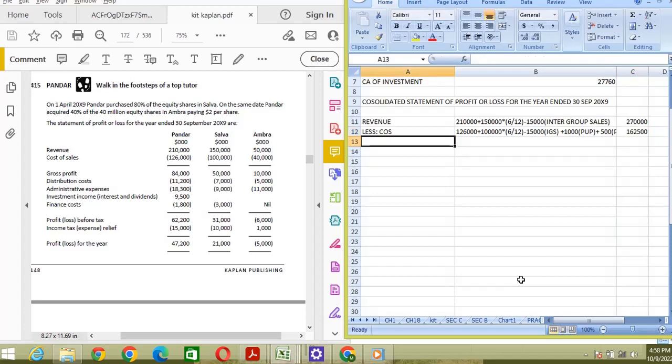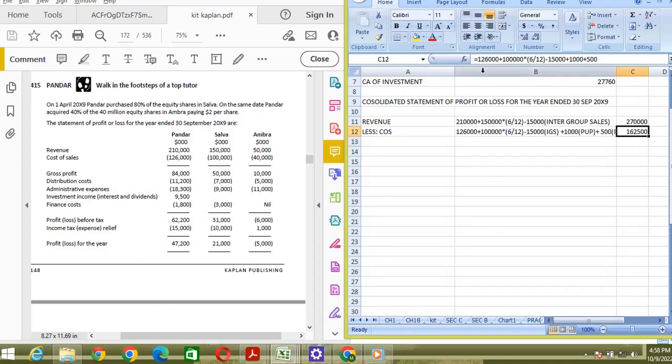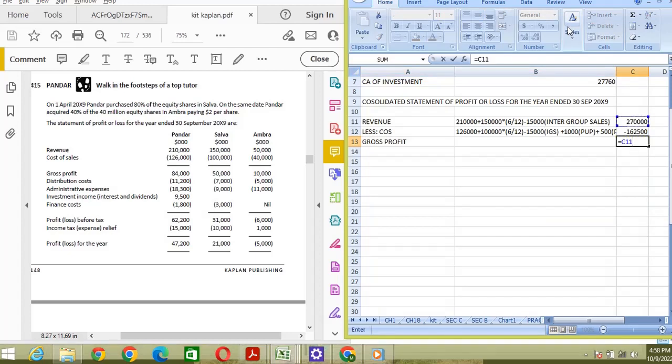We will subtract this, so I will keep it in the bracket. Now gross profit is 107,500.